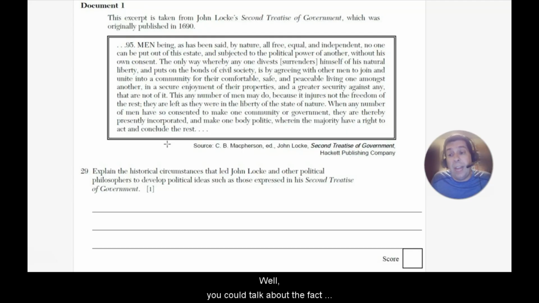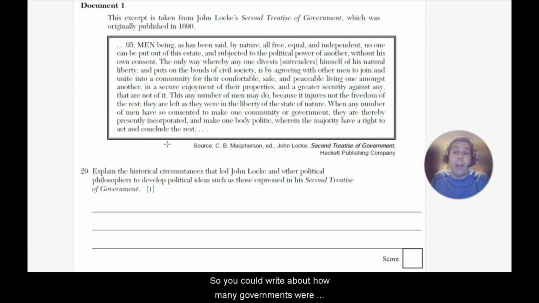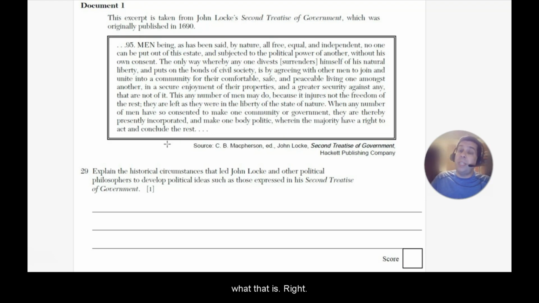Well, you could talk about the fact that he is kind of responding to an era that you talked about in Global 9 called the Age of Absolutism. So you could write about how many governments were governed by divine right monarchs, and tell me about what that is. Right, the permission comes from God. We just talked about one. If you're doing this during the course of a year, we talked about Louis the 14th, the Sun King, a little bit in our World in 1750 unit.